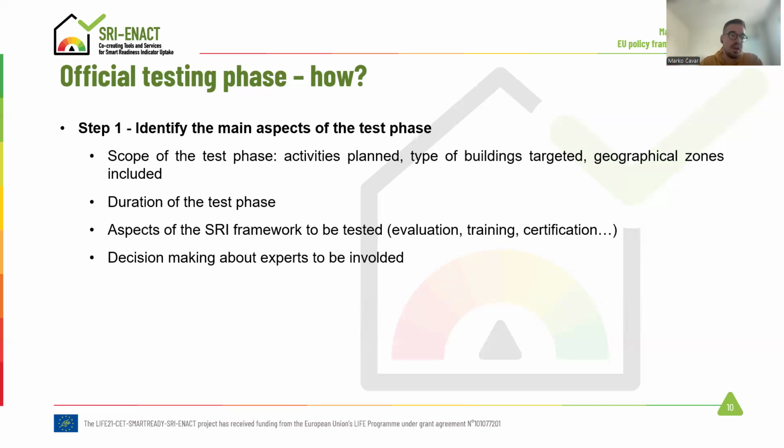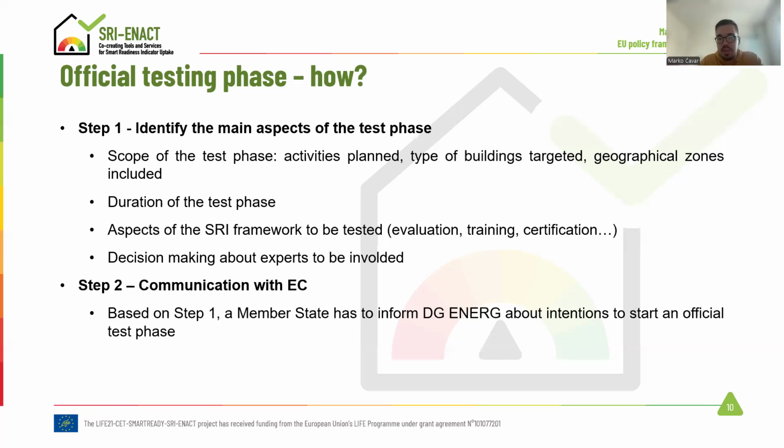You need to see the duration of the test phase and the aspects that you want to test. You do not have to test the whole methodology. You can focus only on valuation, or you can add how the trainings will be solved, how the process of certification will be solved, and different countries opted for different approaches.